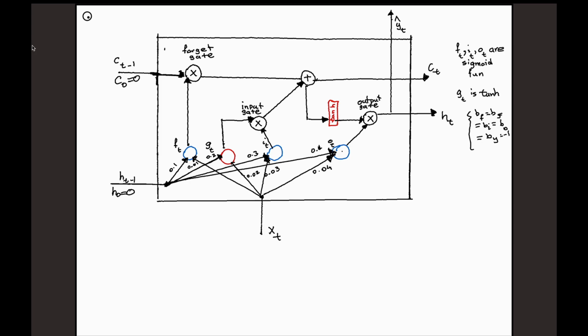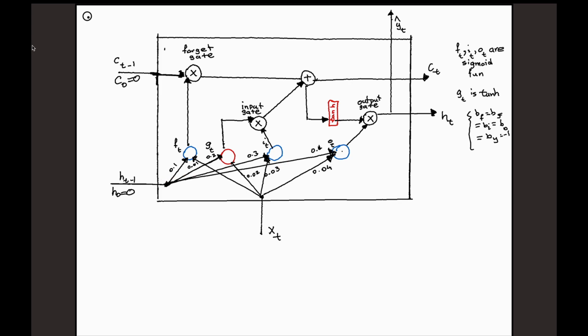So the first step is actually very easy. I'm going to do the first 2 steps, and then I'll ask you to do the 3rd step by hand, because if you do it once, it will always stick with you. To make life easier, I'm assuming the weights of H to F is 0.1, to G is 0.2, to I is 0.3, and to O is 0.4.